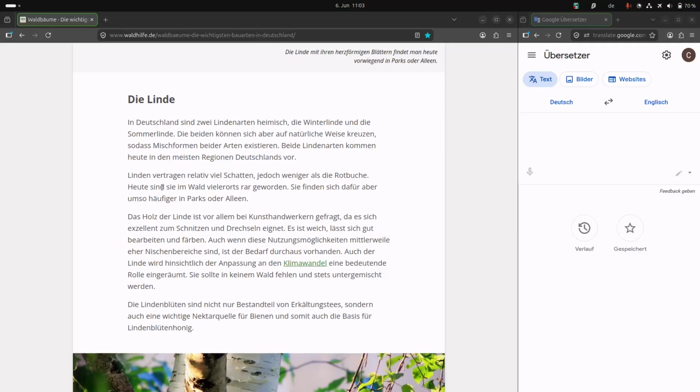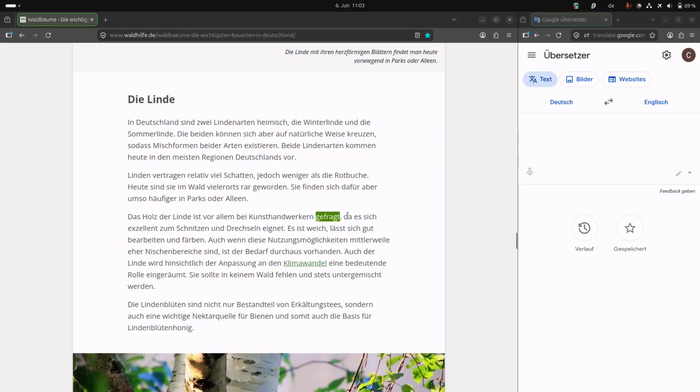I don't exactly know which form this is grammatically speaking and which name it has, but it's also kind of a past form. I think the second past form or something. You can also look that up if you want to. I'm not going to get too deep into the grammar because that's not my field. So, das Holz der Linde ist vor allem bei Kunsthandwerkern gefragt. The wood of the linden tree is above all being asked by artisans, you could say. So this is the passive form in this case, ist gefragt.